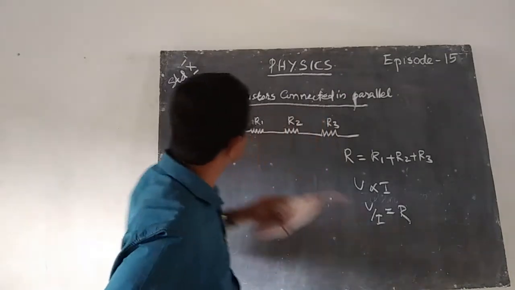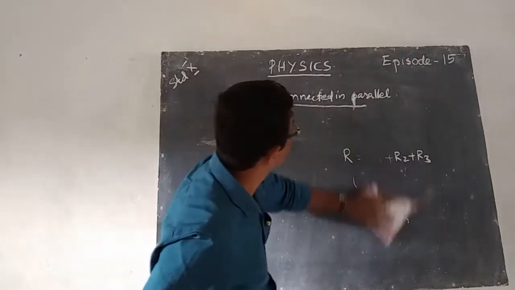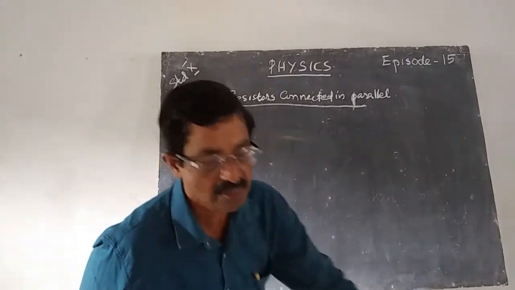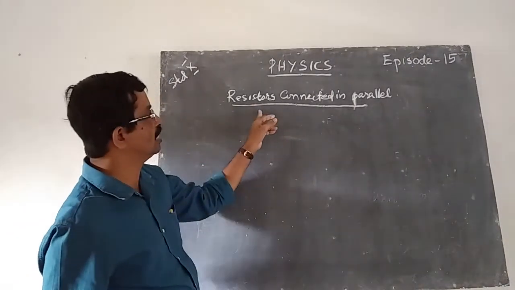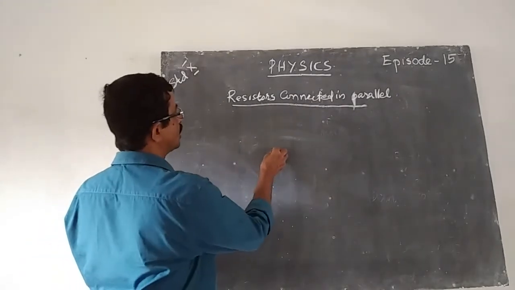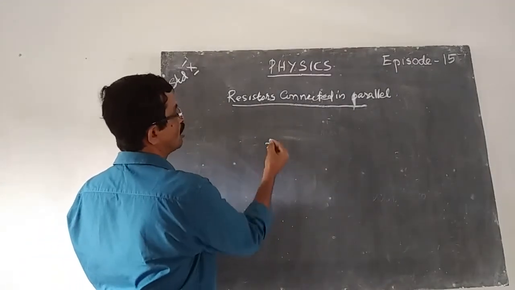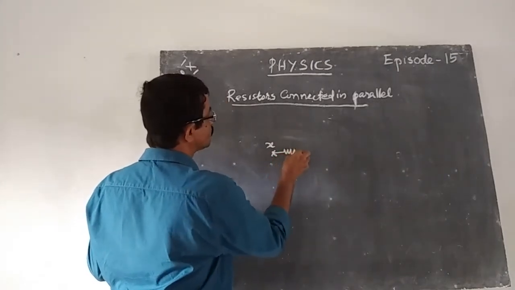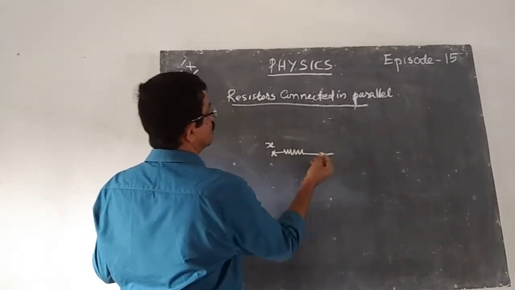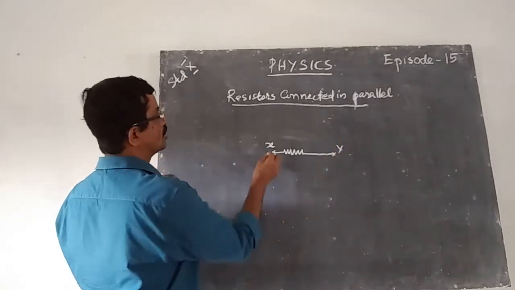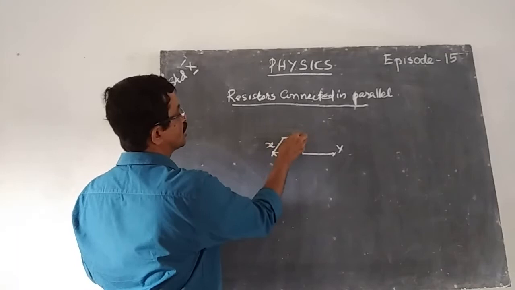Now we are going to connect resistors in parallel. See here, X and Y. This is the point Y. In between, three resistors we connected.